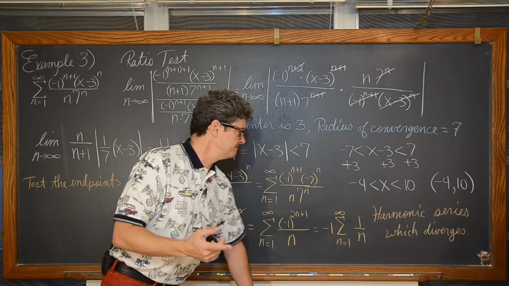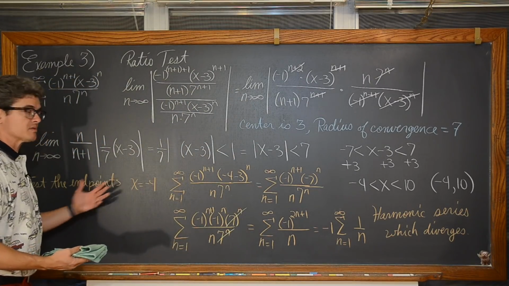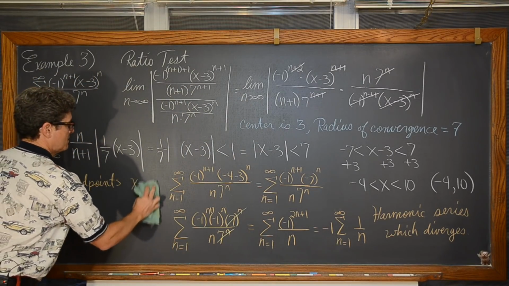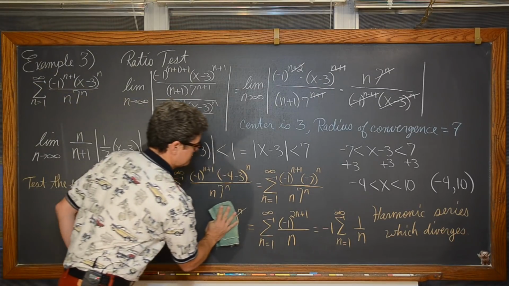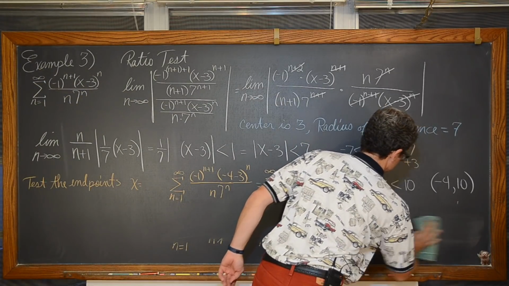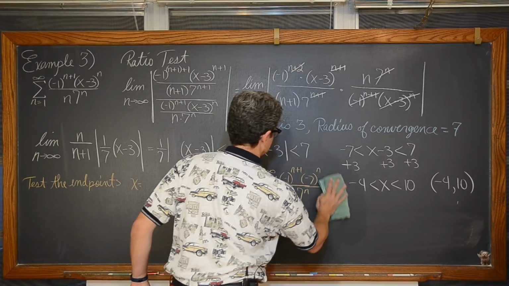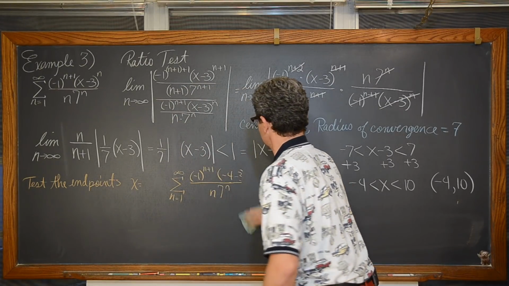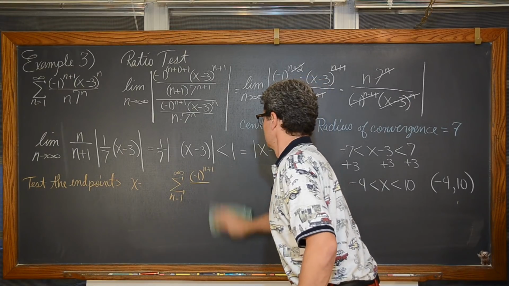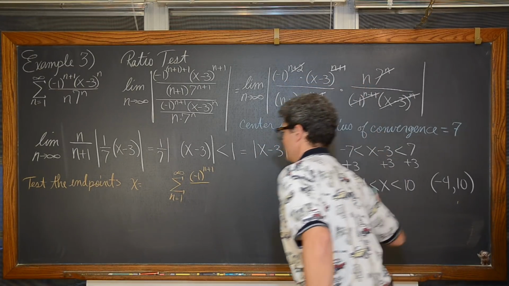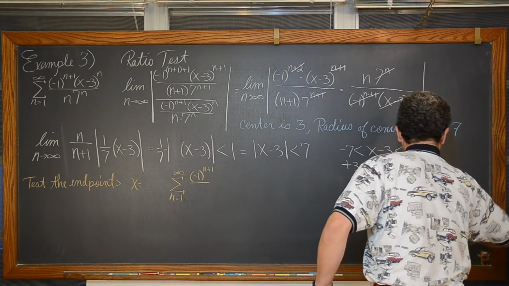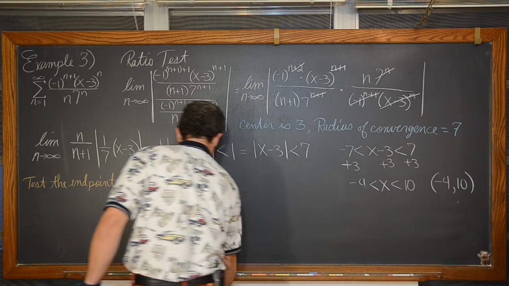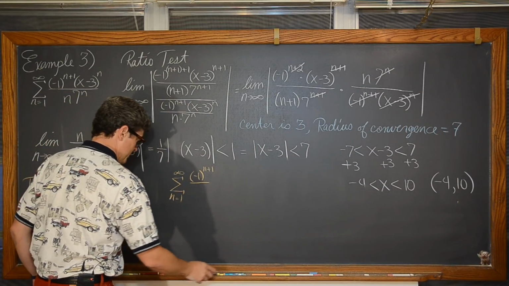Now let's check the 10. And I did run out of room, so hopefully this is okay. I'm going to go ahead and erase this. So I should have just erased all of it, huh? All right, taking that x value of 10, plugging it in, what do we got?